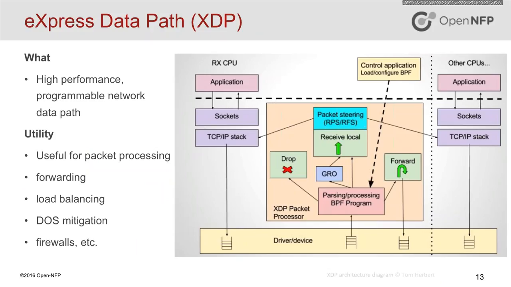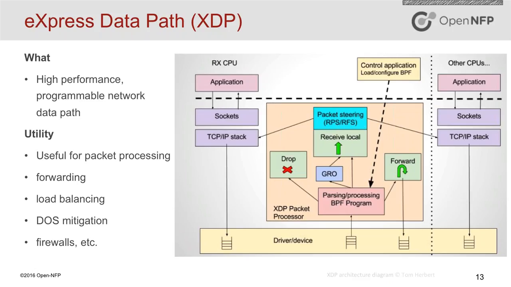Another mechanism in the kernel for executing eBPF is the Express Data Path protocol, XDP, and this comes from our colleagues at Facebook, Tom Herbert and Alexei Starovoitov. It's a high-performance programmable network data path.